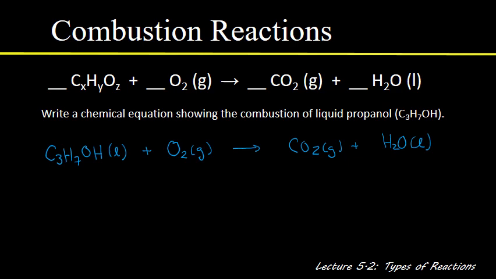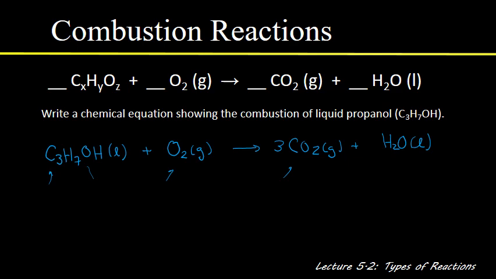Let's work on balancing this one. We've got 3 carbons here, so go over on the right-hand side, put a 3 there for the carbons. We could balance our oxygens, right? We've got 1 oxygen here, 2 oxygens here.